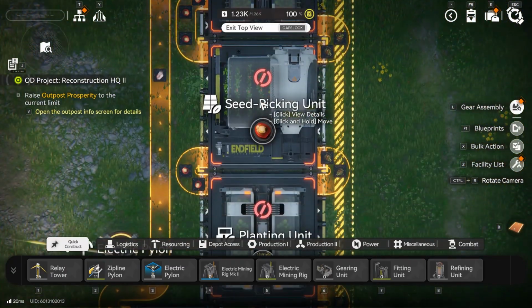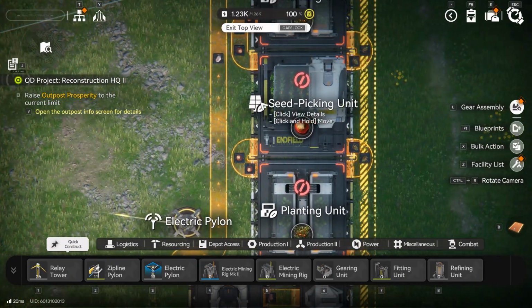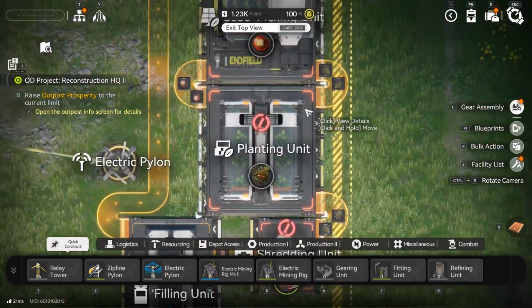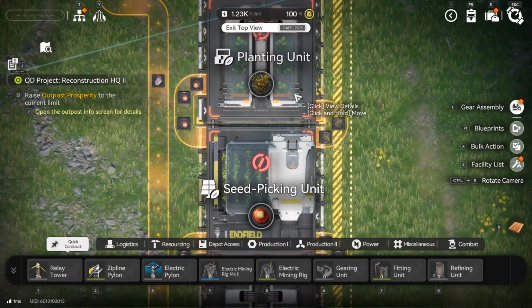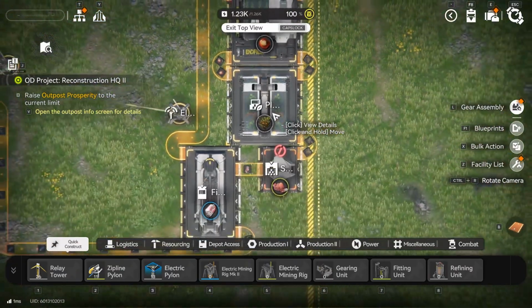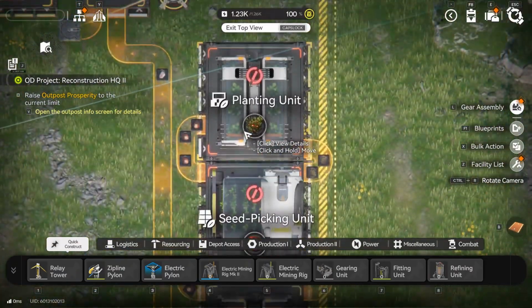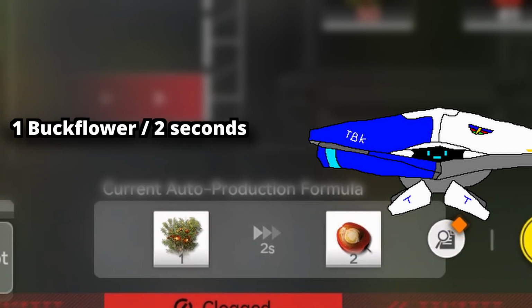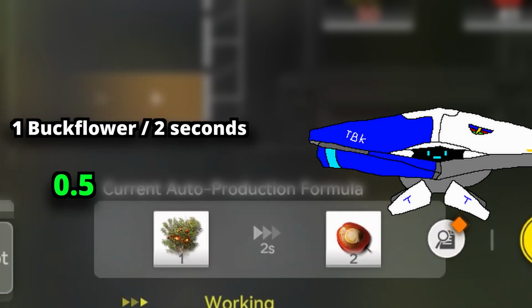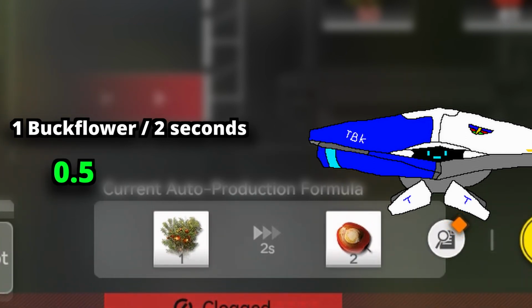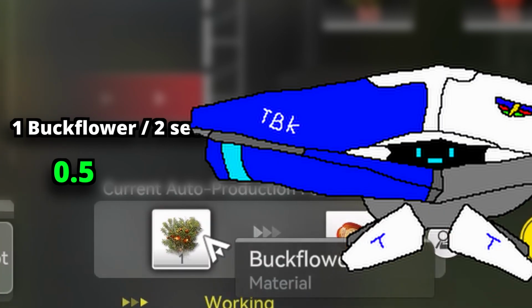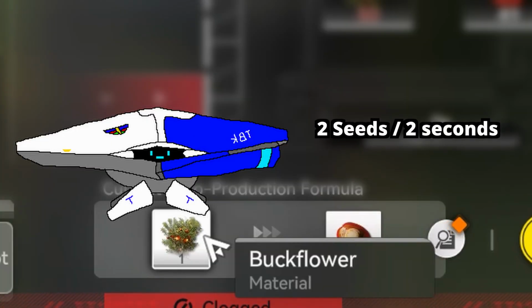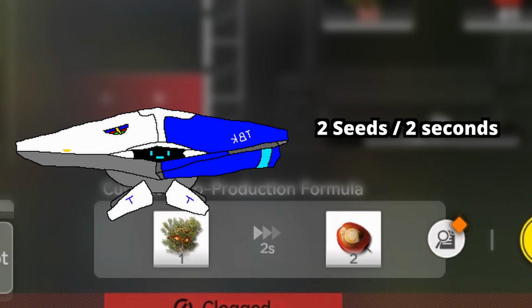So now let's look at the next part, before the filling unit: the planting unit, the seed picking unit, and also the shredding unit. To start, let's go into our seed picking unit. It requires 1 buck flour every 2 seconds. Again, that's 0.5, because 1 divided by 2 is 0.5, but the output in this case is not 0.5.